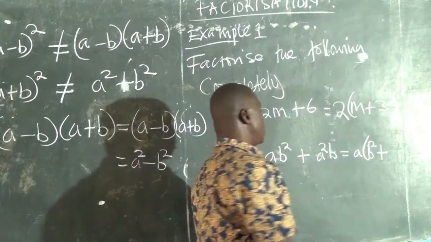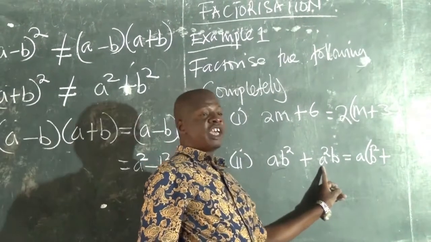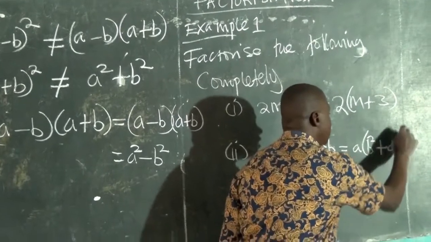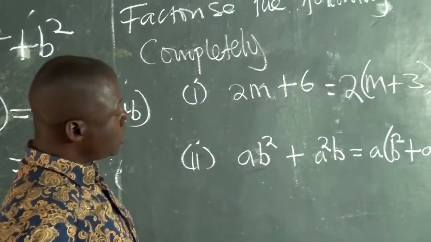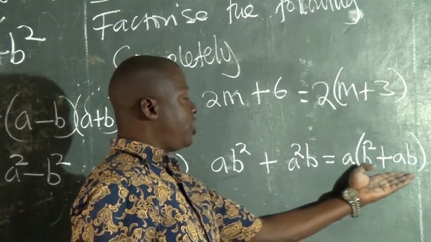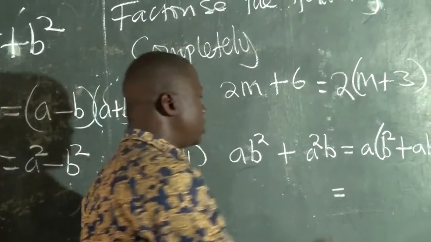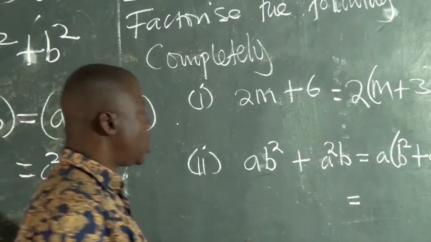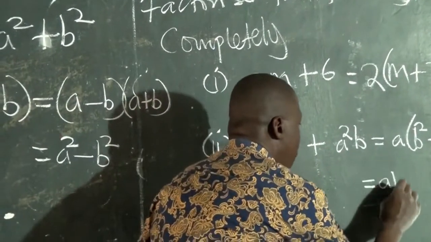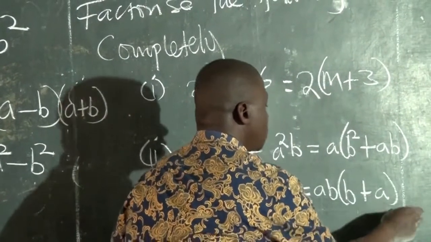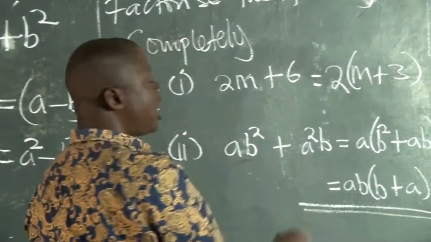Plus, we have a squared divided by a, it gives a. That is ab. Still, we shall not say that this is the final answer. There is another factor within. That is b. So we put it out, we shall have ab into b plus a. So this is our answer.